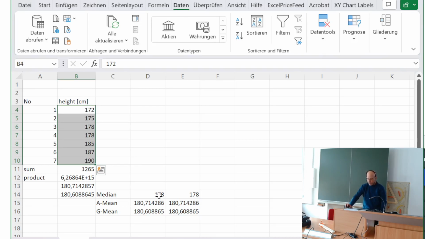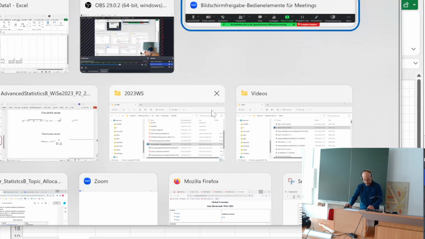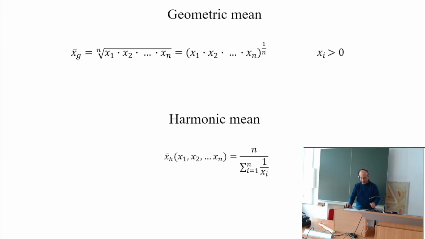But as I told you, you're studying economics, and quite often, if you are talking about growth rates, then the right thing to do in order to average growth rates is to use the geometric mean and not the arithmetic mean. And the last mean we have is the so-called harmonic mean.